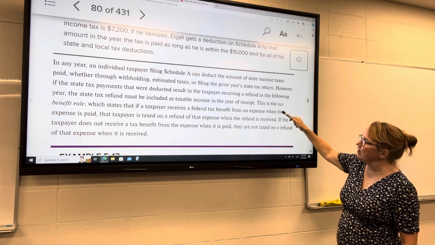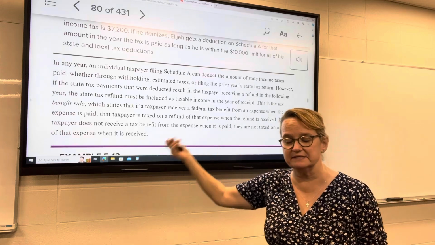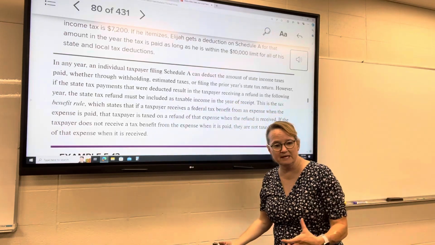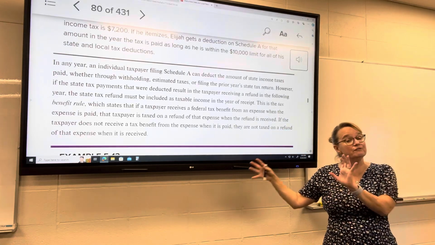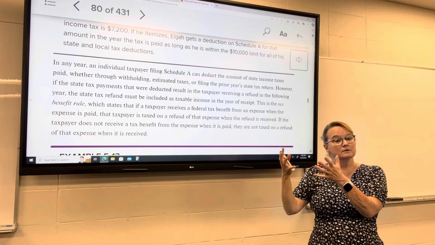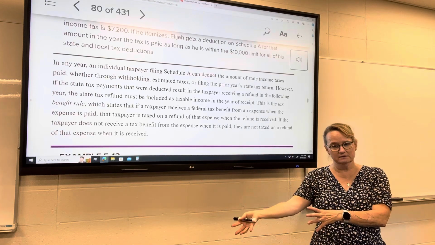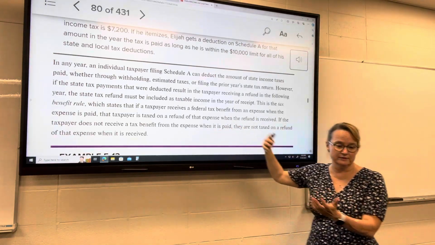You do have to offset that. So this is the reason why those state refunds can be taxable. You paid this money in, and you get a deduction for it on your Schedule A, but if you ended up getting a refund from that money that you had paid in, then you may have to pay tax on the amount of the refund.